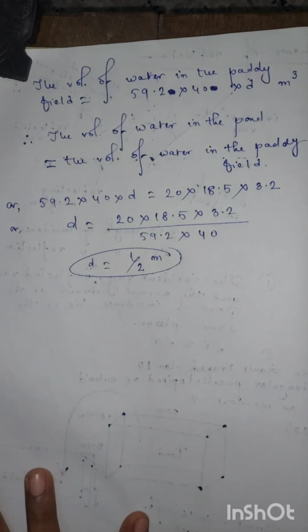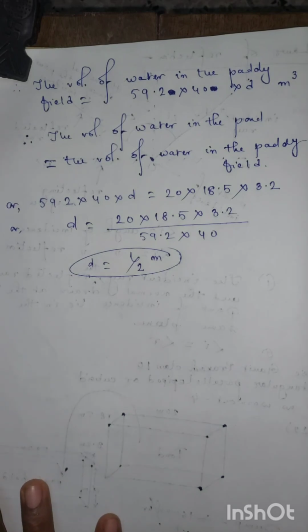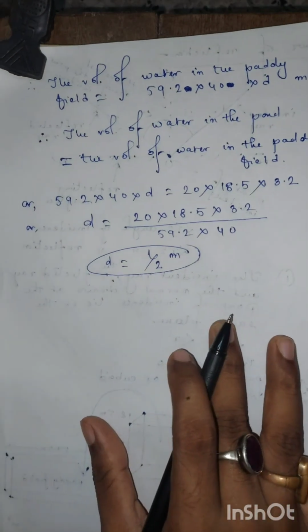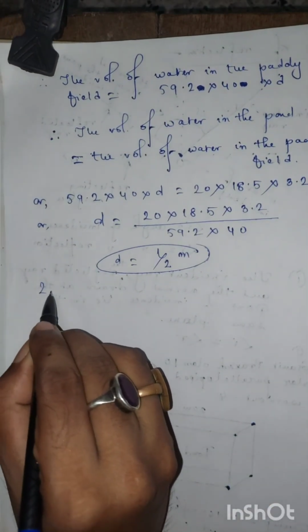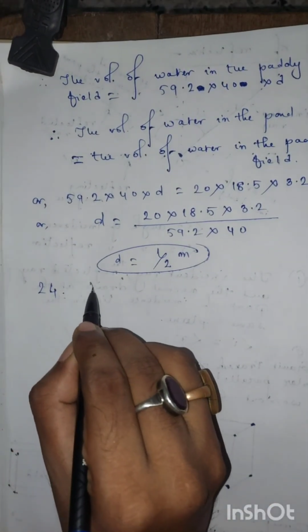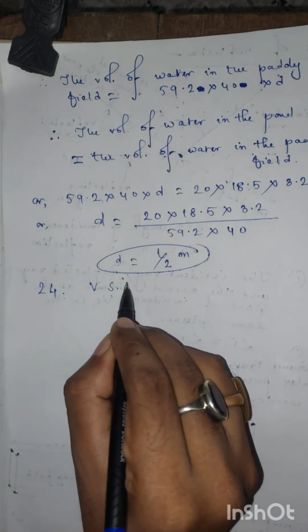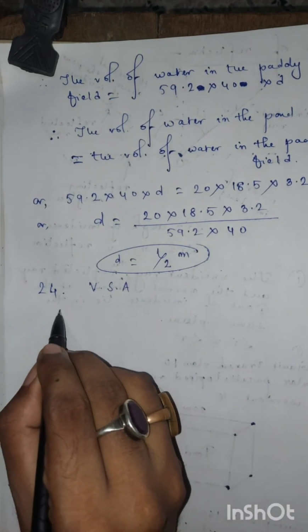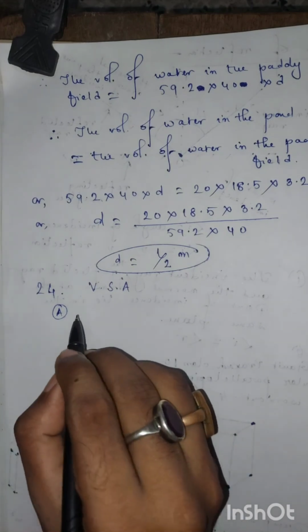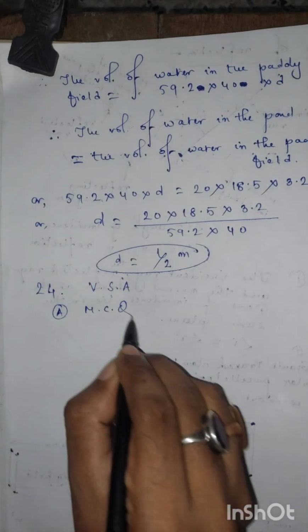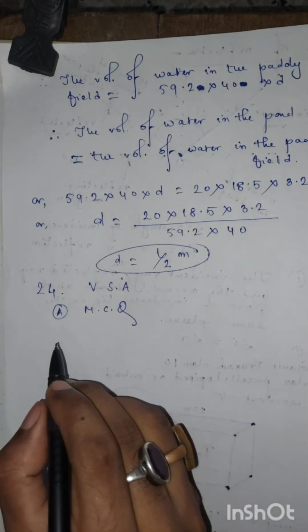Now friends, let us proceed to the next part, which is very short answer type questions. 24. So let us solve 24. A. It is MCQ. 1.